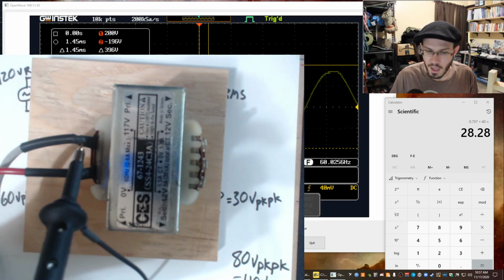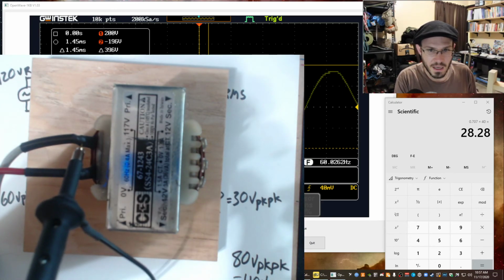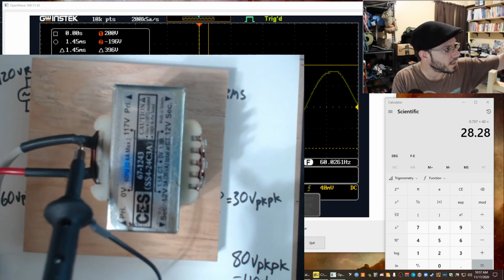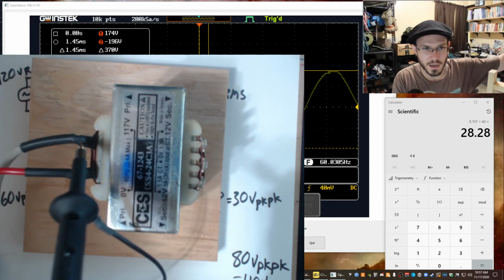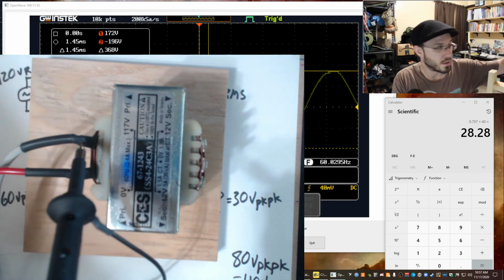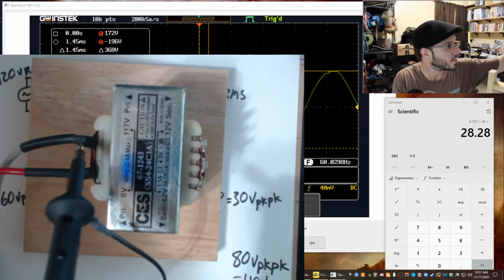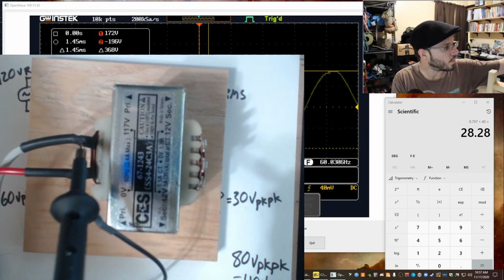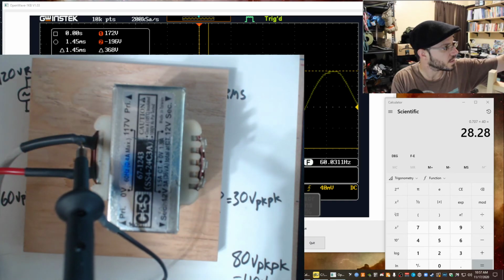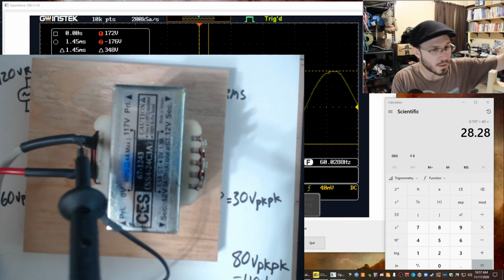Okay, so if I go ahead and take another measurement of the peak. All right, what does that say over there? What's my peak voltage? About 170 volts, right?